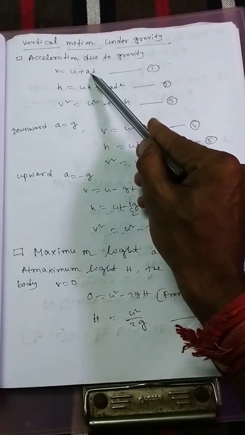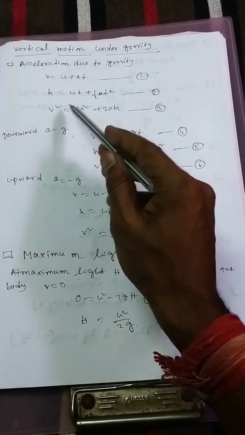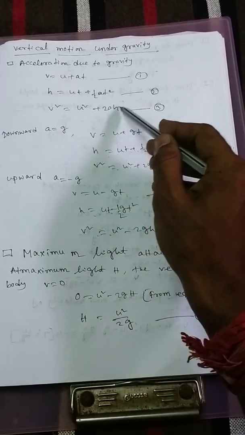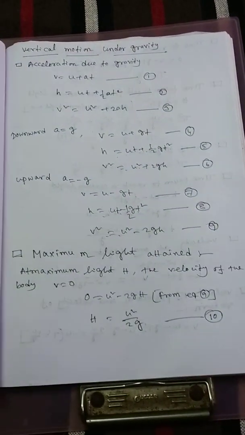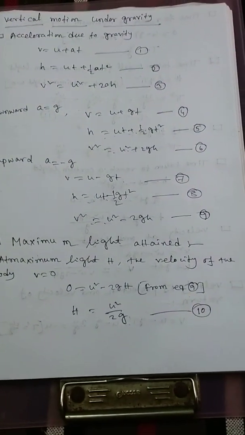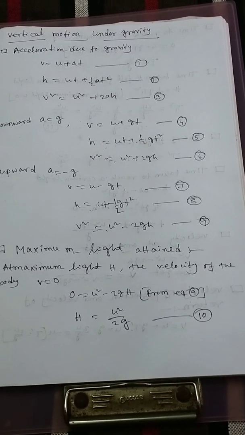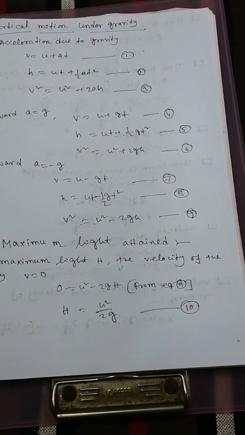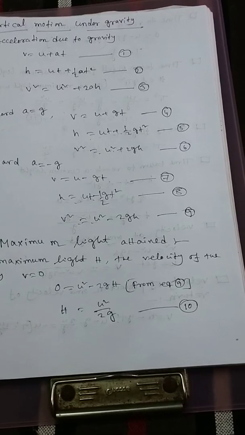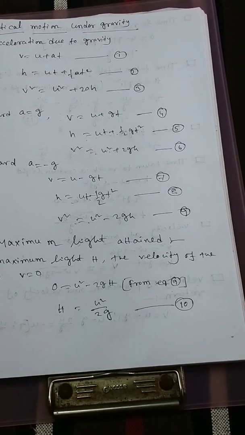motion are v equals u plus at, h equals ut plus half gt square, and v square equals u square plus 2gh. Here initial velocity is u, velocity after time t is v, vertical displacement in time t is h, and acceleration is a.